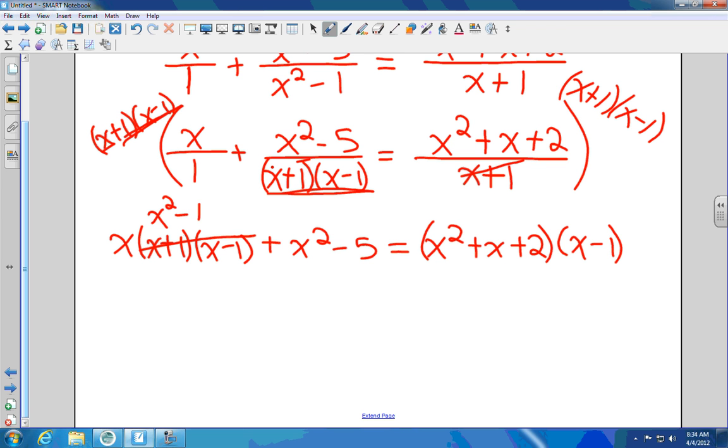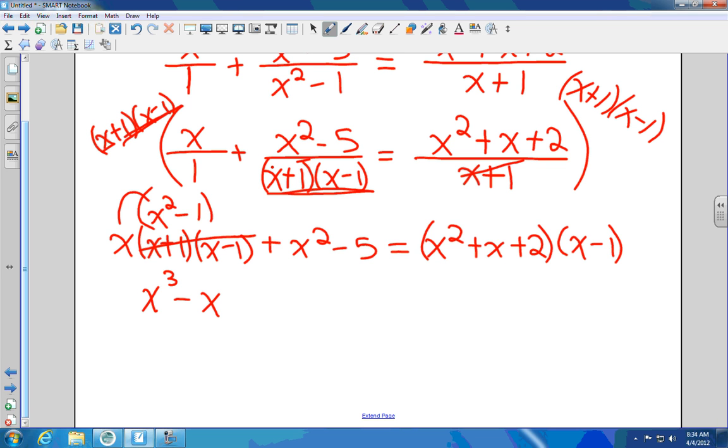Instead of writing out the whole next step, you can kind of cut steps down a little bit. So now we can distribute the x in there. So x times x squared is x to the third and x times negative 1 is minus x. So we've taken all that, now we're down to there.